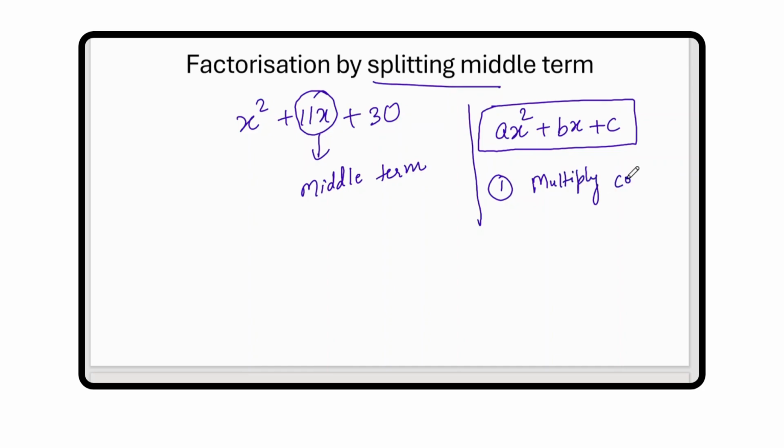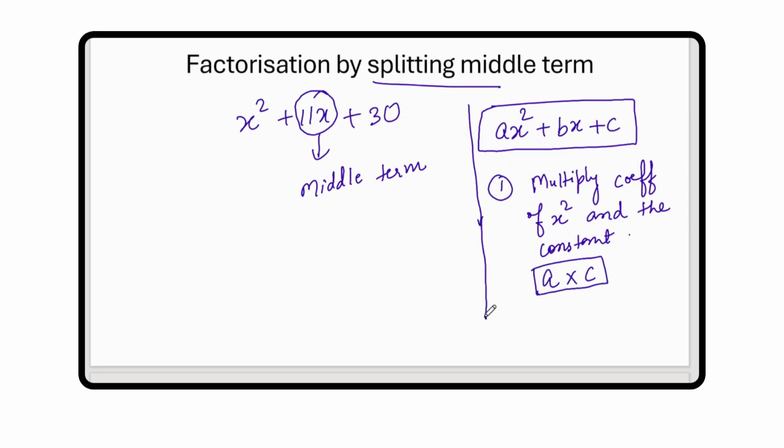So what is the meaning of that? That means you are going to multiply a with c. This is the first step.